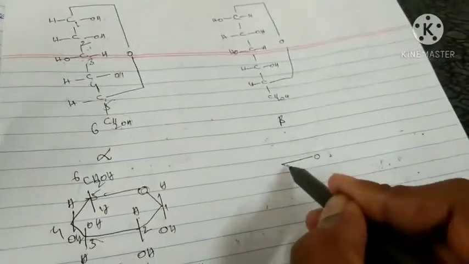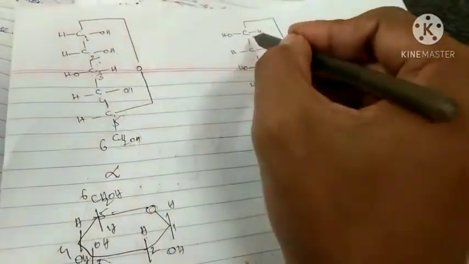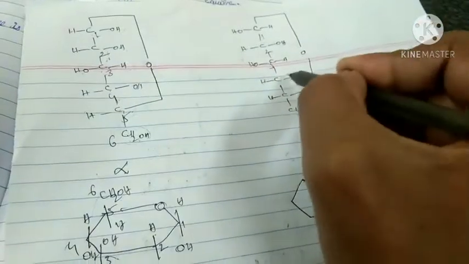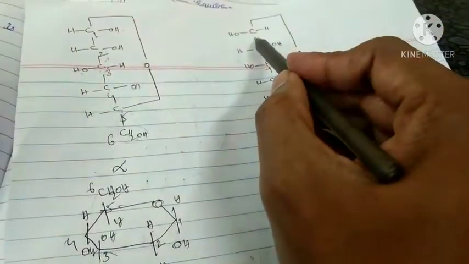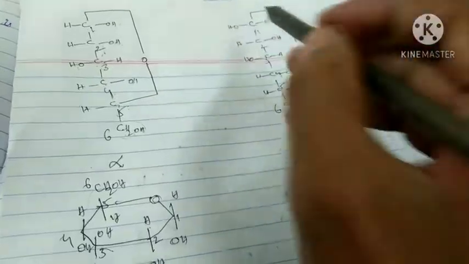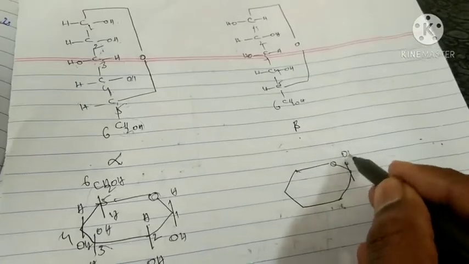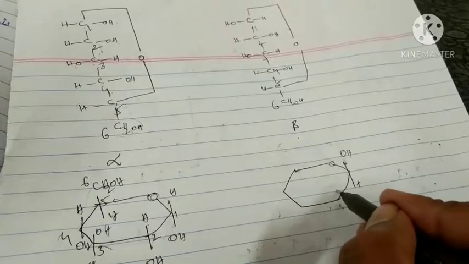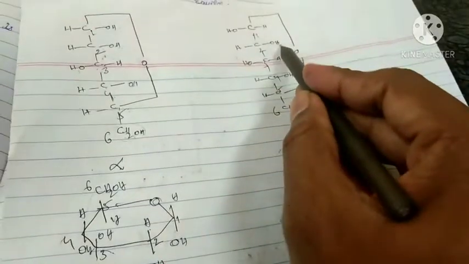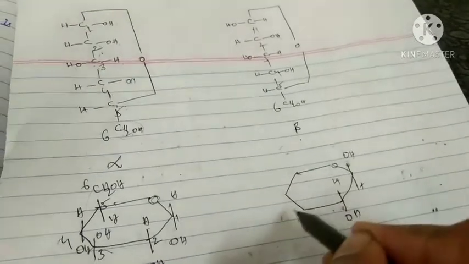First write a 6-membered ring. This is the first carbon, second, third, fourth, fifth, sixth. This first carbon has OH on the left side, so it should be written on the upper side, and H on the lower side. Here OH is present on the right side, it comes on the lower side, H comes on the upper side.